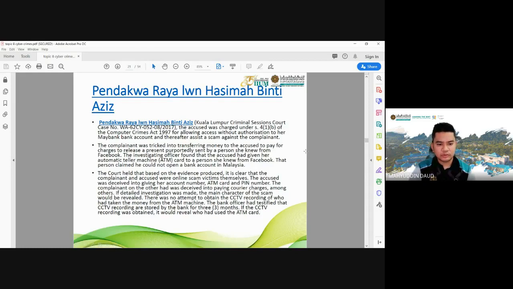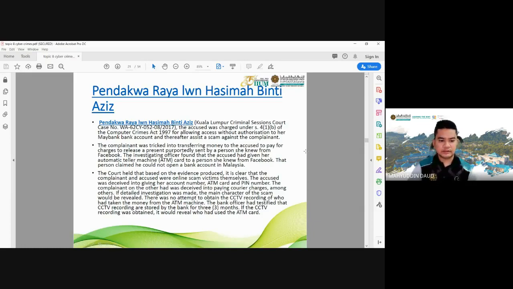So the complainant here was tricked to transfer money to the accused to pay for charges, to release a present, katanya sent by a person she knew from Facebook. So the investigation officer found that the accused had given her ATM card to a person she knew from Facebook, and then the person accordingly claimed that he could not open a bank account in Malaysia.